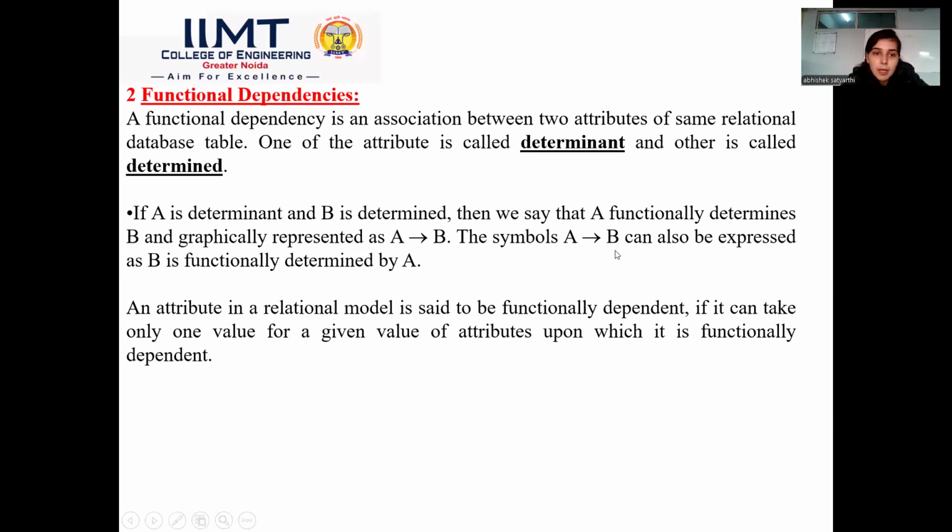If A is the determinant and B is determined, then we can say that A functionally derives B, or graphically it is represented as A arrow B. The symbol A arrow B can be expressed as B is functionally determined by A. It means that B will be derived after finding the value of A. An attribute in a relational model is said to be functionally dependent if it can take only one value for a given value of the attributes upon which it is functionally dependent.